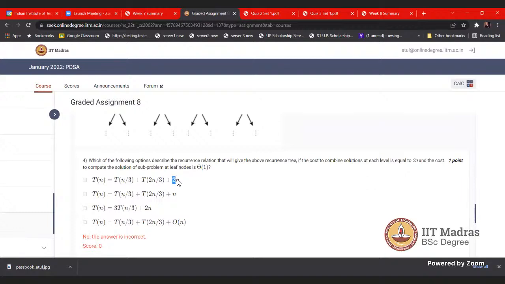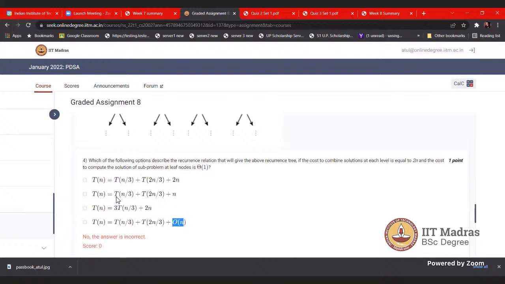So we can directly represent this 2n part in our recurrence, or we can represent its complexity: if any part takes 2n steps, the complexity is order of n.